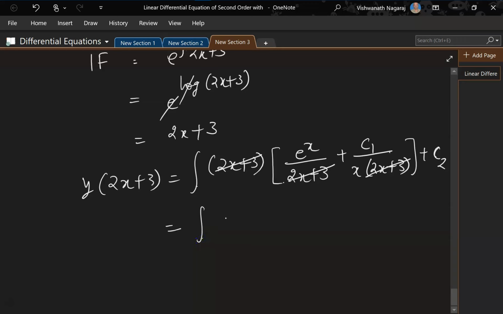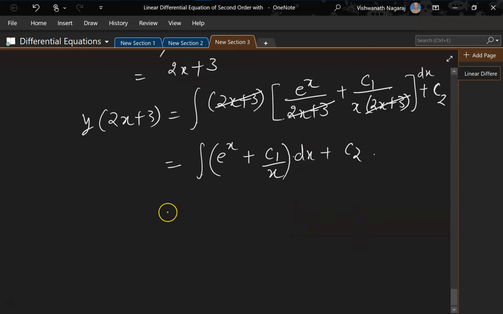So we are left with integral of e to the power of x plus c1 by x dx plus c2. Forgot to write dx. And let's integrate this now. We get e to the power of x plus c1 log x plus c2. And on the left hand side, you will have y times 2x plus 3.